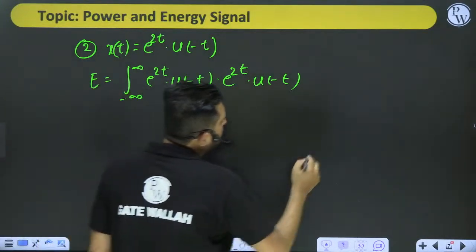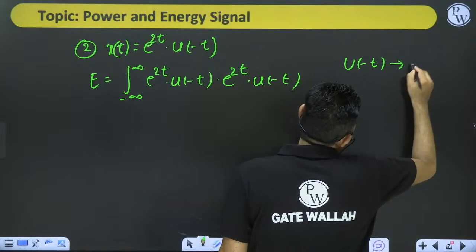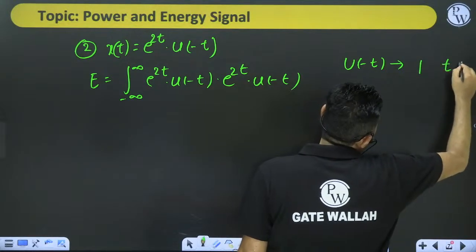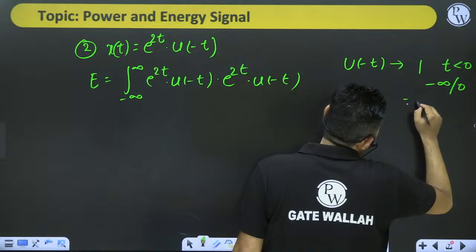So u(minus t) exists, it will exist for, that is 1 for t less than 0, that is from minus infinity to 0, and 0 else.